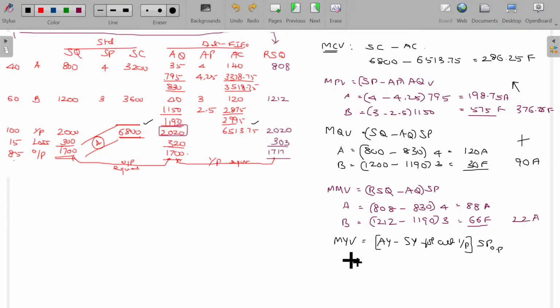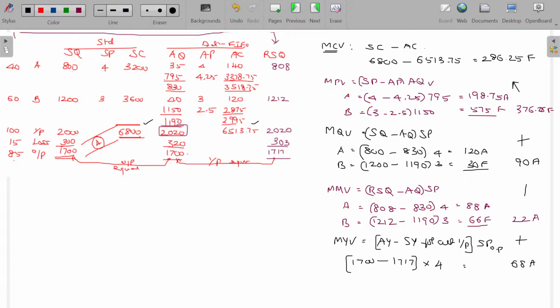Actual yield is 1700. Standard yield for the same input being 1717. So you produce less, so unfavorable. Standard price per unit of output being 4. Then ultimate value being 68 adverse.